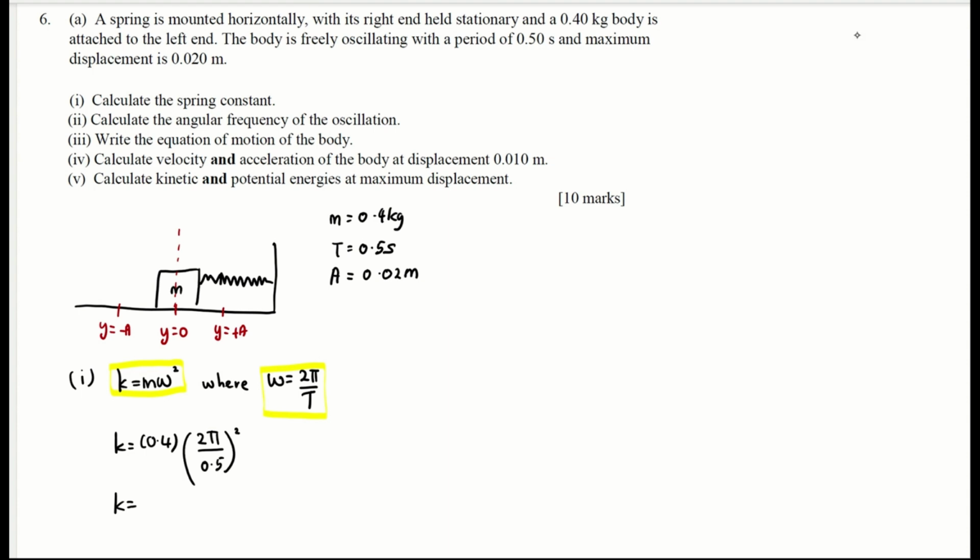Pastikan tulis unit. Okay, 63 Newton per meter. Or you can write the answer for K is 63.17. Actually, I got 63.17 Newton per meter. Boleh? Okay. And then next, question number 2.